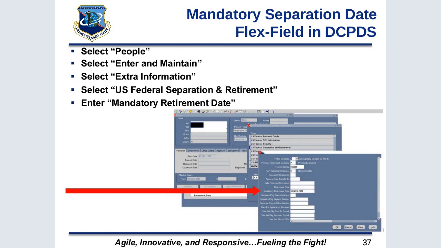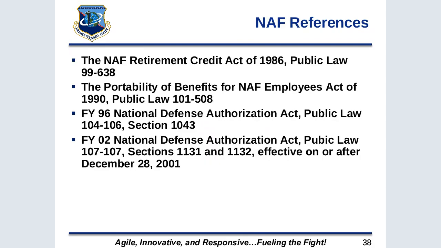You find it by going to People, Enter and Maintain, you select Extra Information, you go to U.S. Fed Separation and Retirement, and then click on Mandatory Retirement Date. This is for the firefighters, law enforcement, and air traffic controllers.